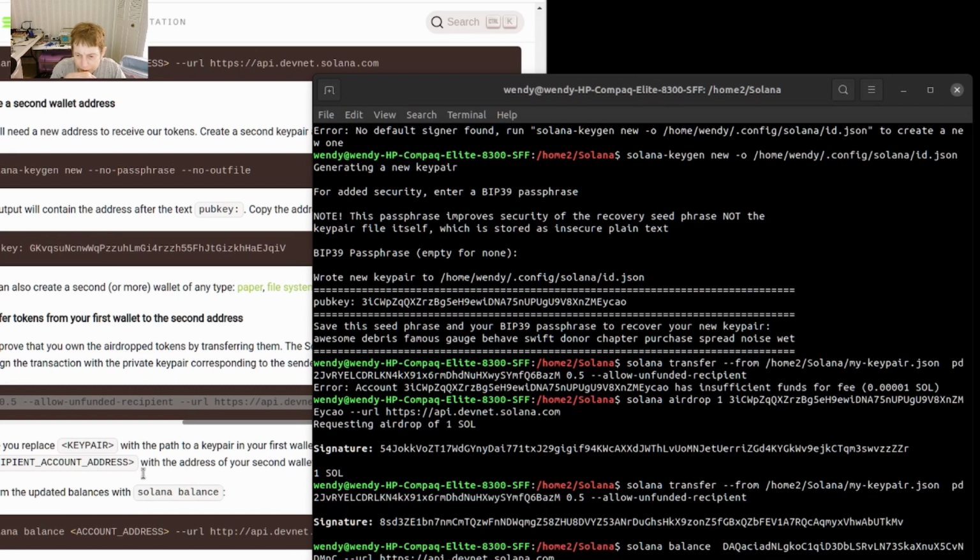I need the key pair, which is, of course, my own, and I'm gonna need the fee pair, which is also gonna be the key pair.